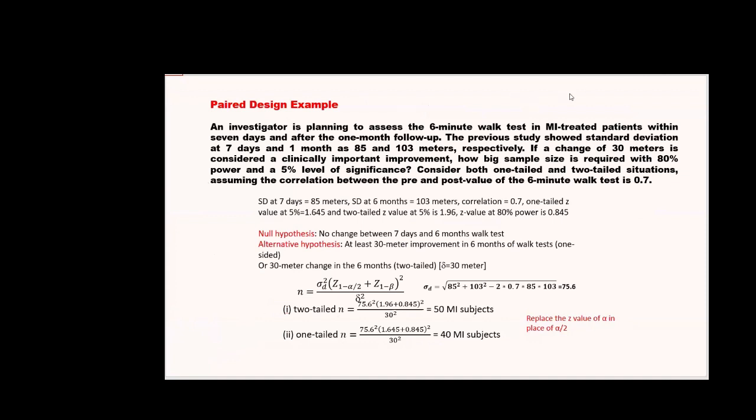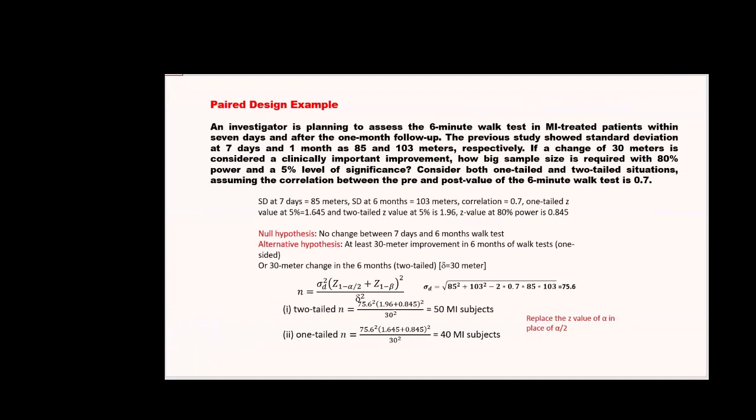An investigator is planning to assess the 6-minute walk test for MI treatment patients within 7 days and after 1 month of follow-up. A patient has MI and is treated, and the 6-minute walk is used to assess their quality of life after the treatment of MI.